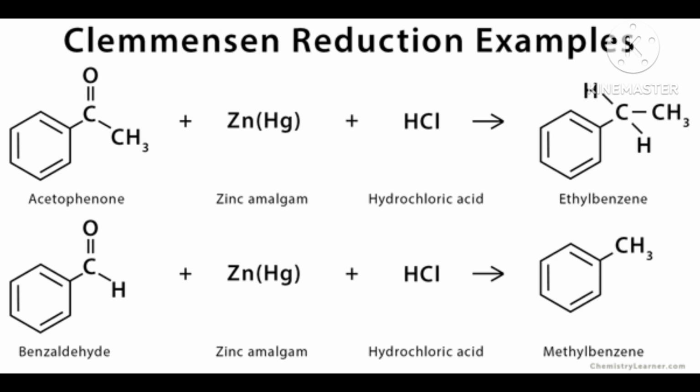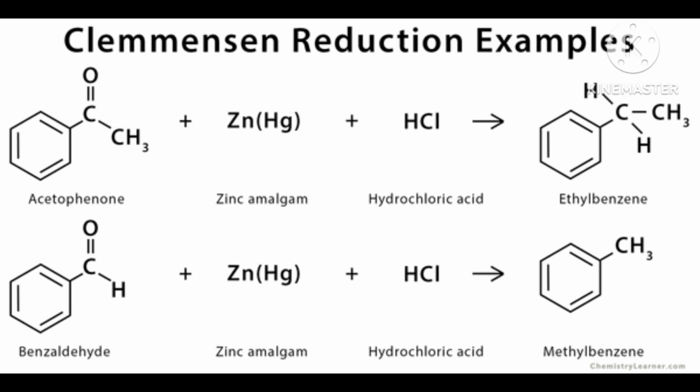Okay, means you will get hydrocarbon, because in any aldehyde, RCHO, the C=O has R on one side and H on the other side. This C=O will convert to CH2, the C double bond O will convert to CH2, then you will get hydrocarbon.